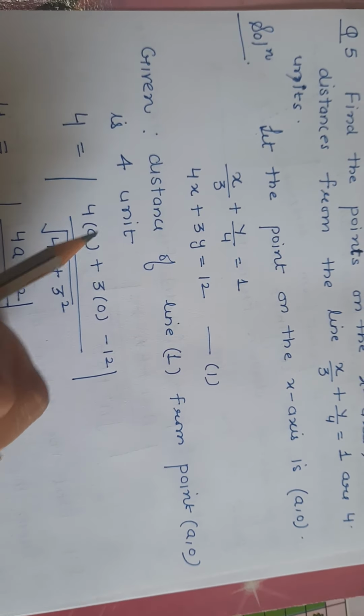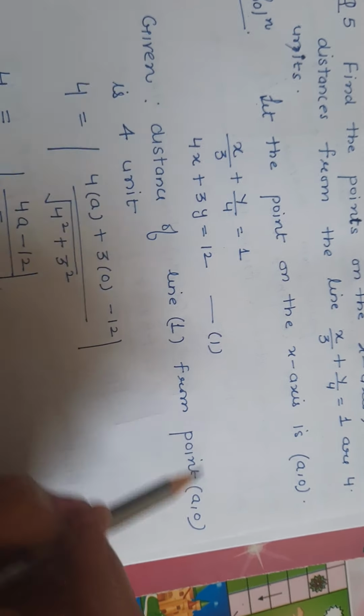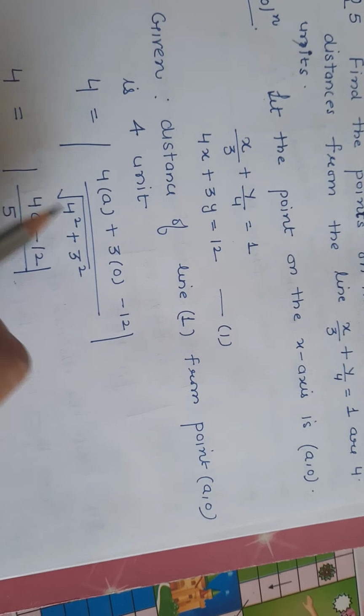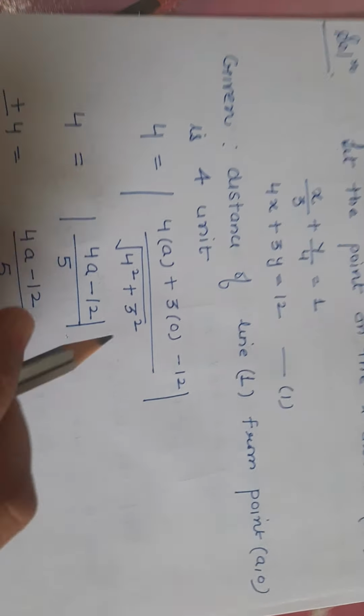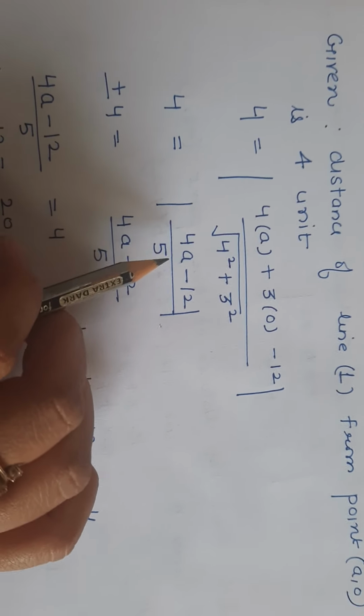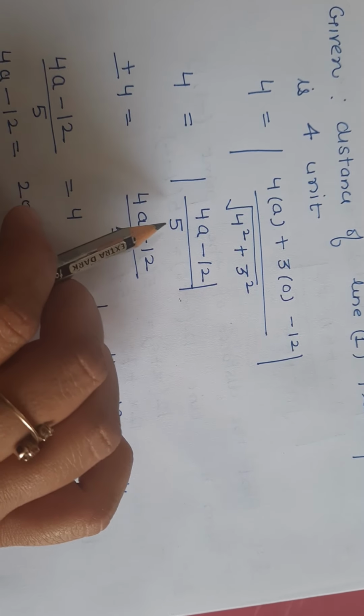Now, apply the distance formula. This is 4 equal to mod of 4 into a plus 3 into 0 minus 12, divided by the square root of 4 square plus coefficient of y square. So this is 4a minus 12 divided by root of 16 plus 9, 25, whose root will be 5.